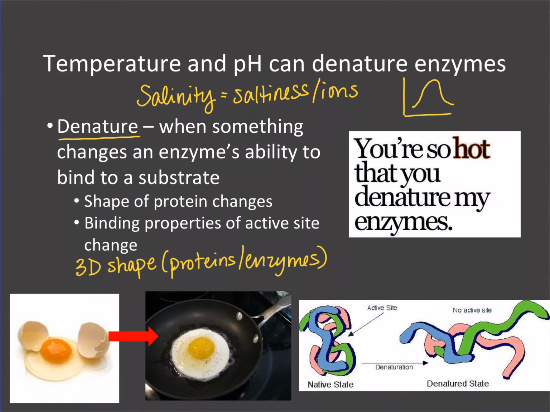Another example would be something like ceviche. If you've ever had ceviche, it's where they take usually like fish or shrimp or something along with some vegetables, and they soak it in an acid, usually lemon or lime juice. And the acidity denatures the proteins in the fish and kind of cooks it in a way. Other examples include things like pickling.